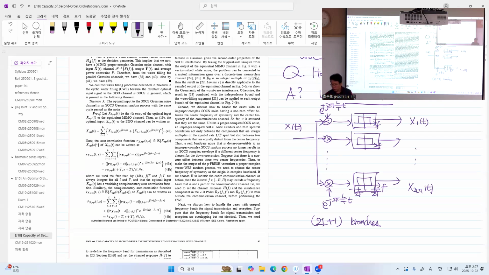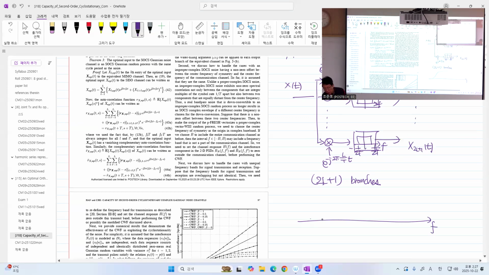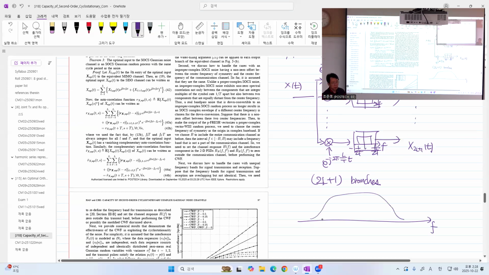Here, our assumption is that L must be chosen to cover the entire frequency band of the random process X.